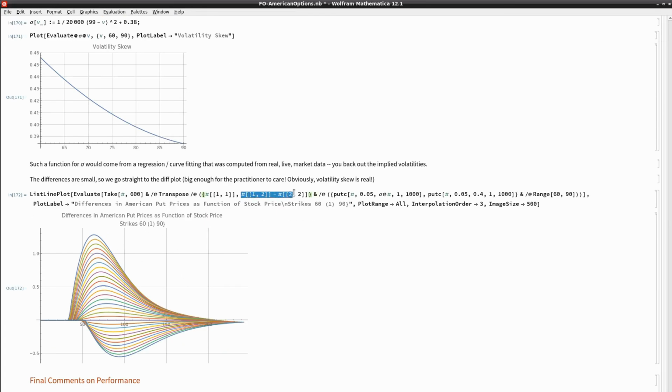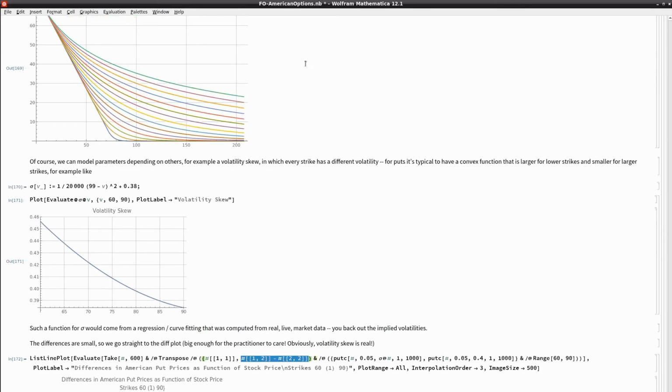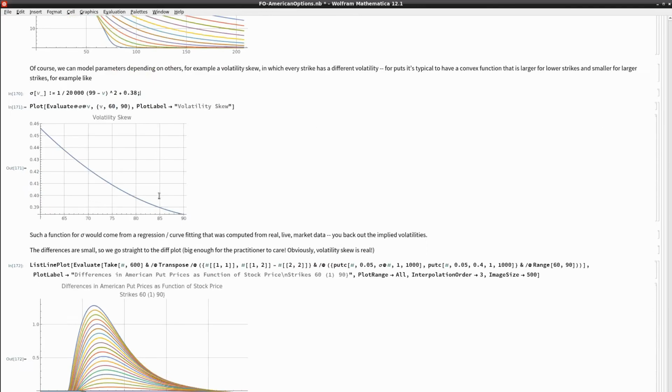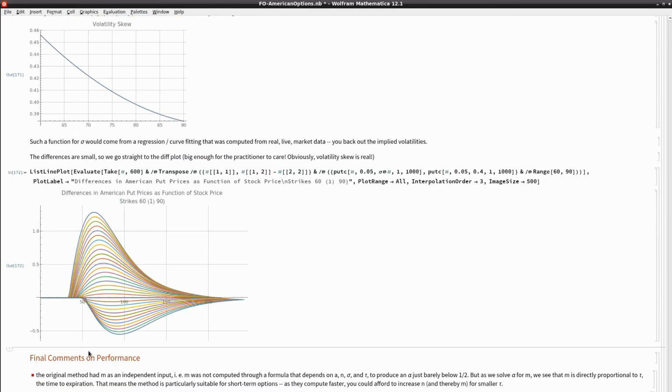Here I take the difference between these two computations, in order to show the differences that are made by using strike-dependent volatilities, aka skew. It's not a difference plot to show a small error. These are intended differences.